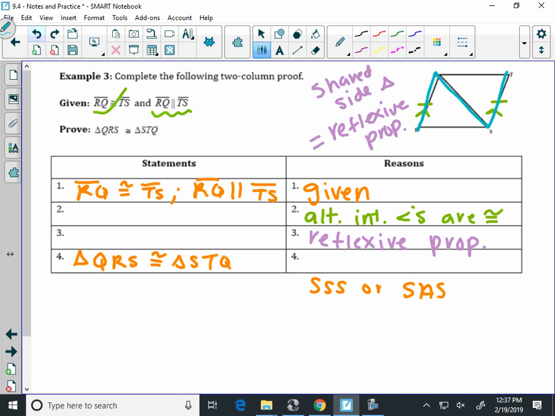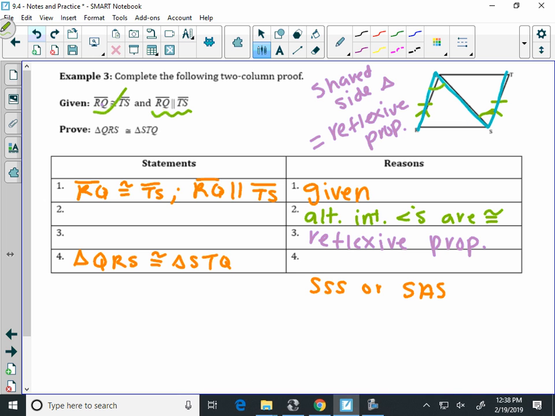So I make like a Z or an N shape. Those angles in your corners are your alternate interior angles. Just make your Z or make your N depending on how it's oriented. Go like that, and then in the corners, those are your alternate interior angles.